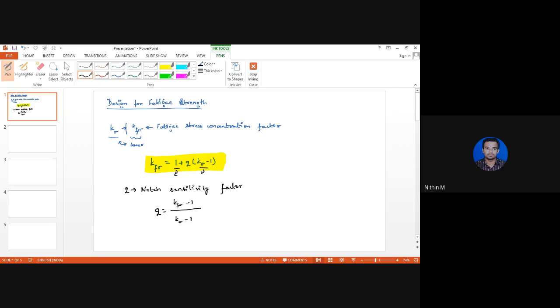You also shift Q to the denominator on the left hand side, and thereby you obtain this expression. This expression needs to be remembered. The fatigue stress concentration factor is related to the normal stress concentration factor by making use of this empirical relationship. This is one thing that you need to remember.